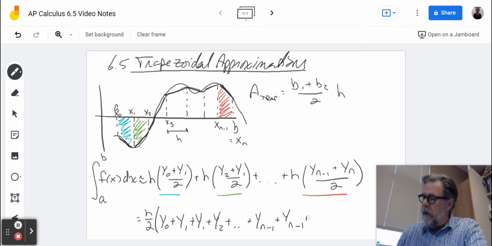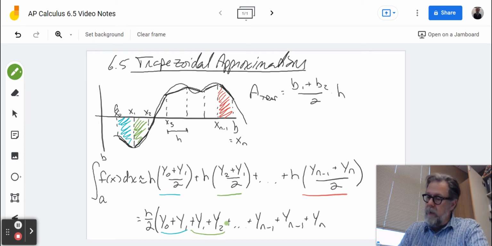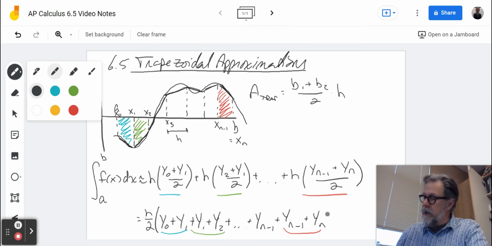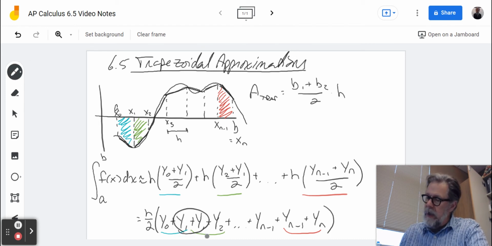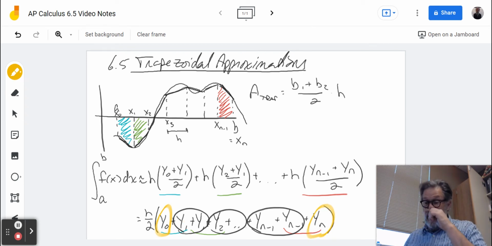First trapezoid, second trapezoid, last trapezoid, and a little bit of the previous trapezoid to illustrate something that I'm about to show you, which is that there are 2 of each of them with the exception of the starting point and the ending point.